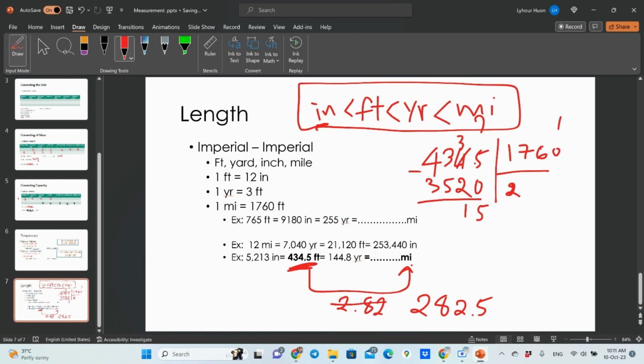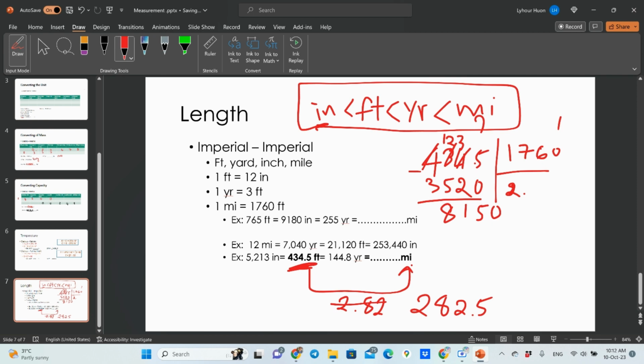Minus 2 is 1. This becomes 13, minus 5 is 8. Okay, this is gone. 8. So this is smaller, so we have 0 and 1 decimal, right?